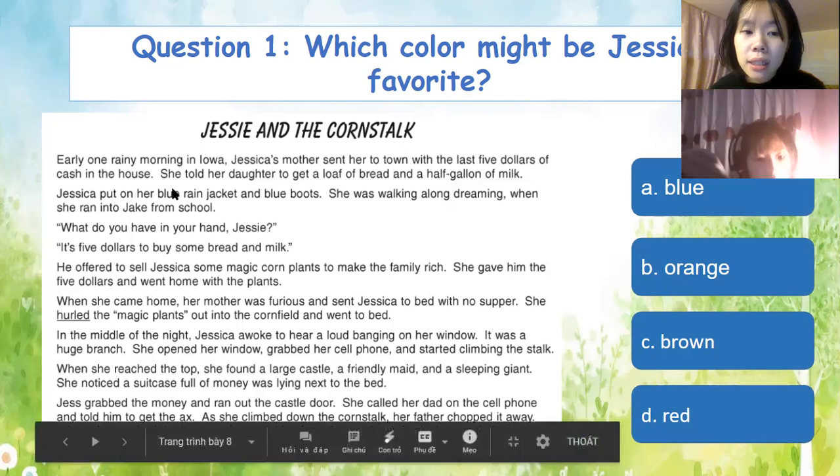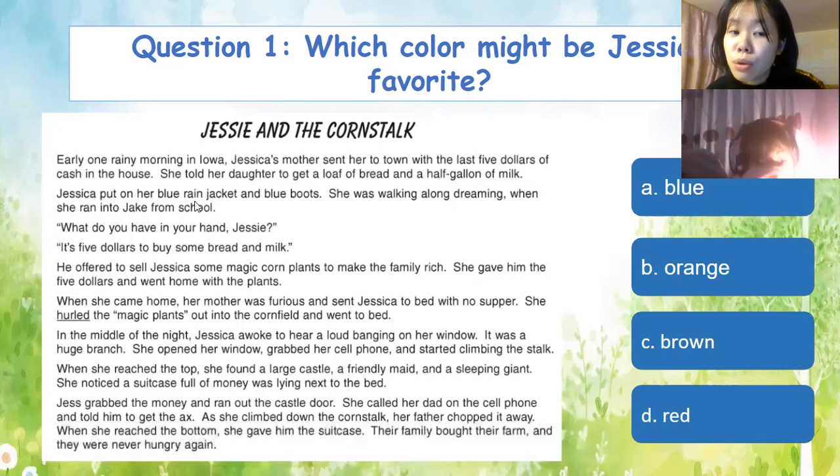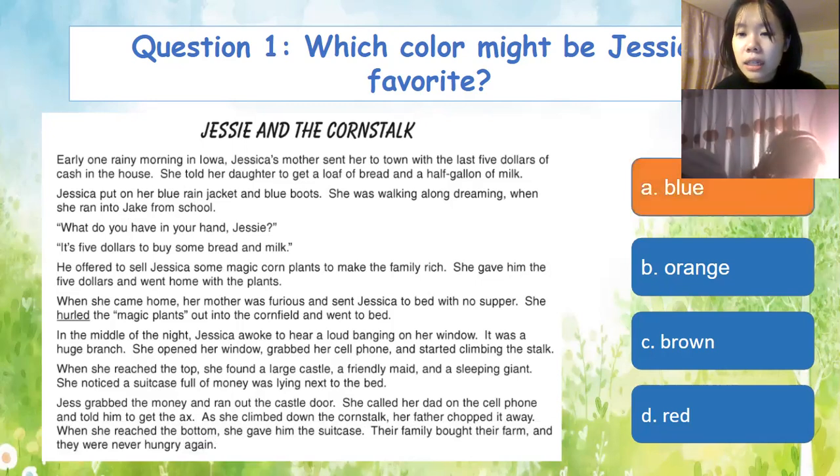Okay, it's here, right? Because Jessica put on her blue jean jacket and blue boots. You can guess from this, right? Cô ấy đang mặc một cái áo màu xanh và một cái boots màu xanh, chứng tỏ là favorite color is blue.